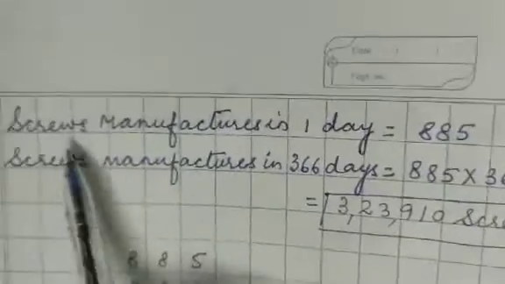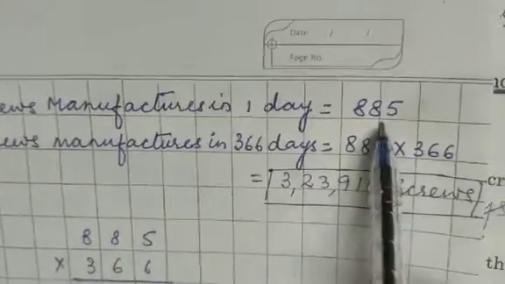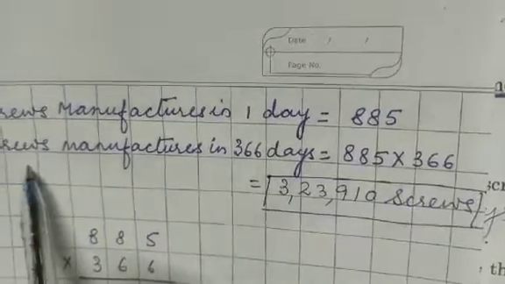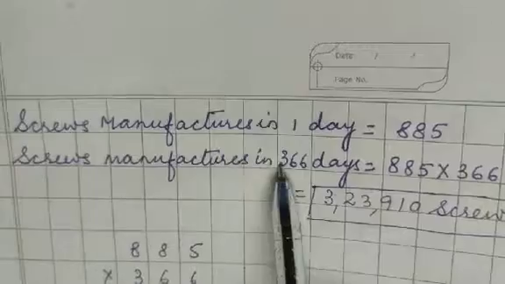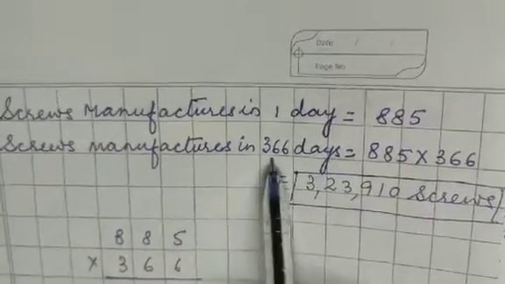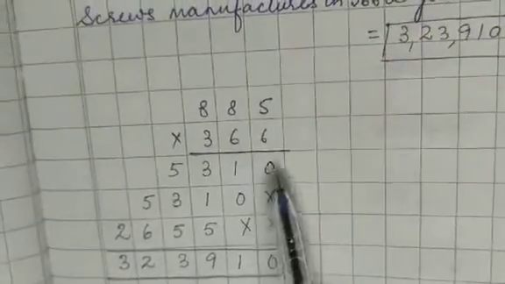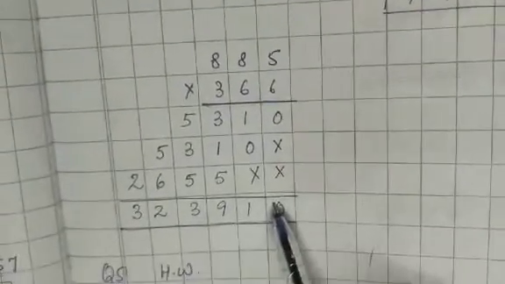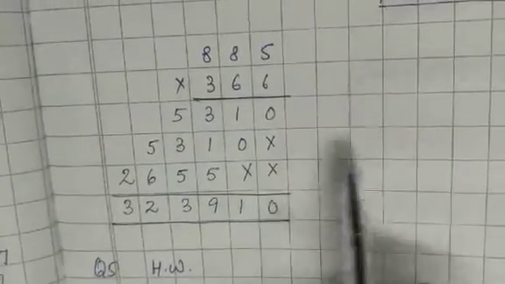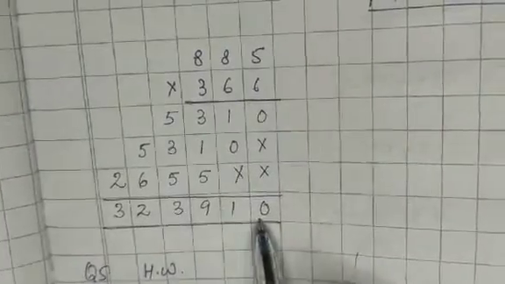Okay. Now screws manufactured in 1 day, that is 885. Now screws manufactured in 366 days, that is 885 multiplied by 366. And when you multiply at the side, okay, you will get the answer 3,23,910 screws.